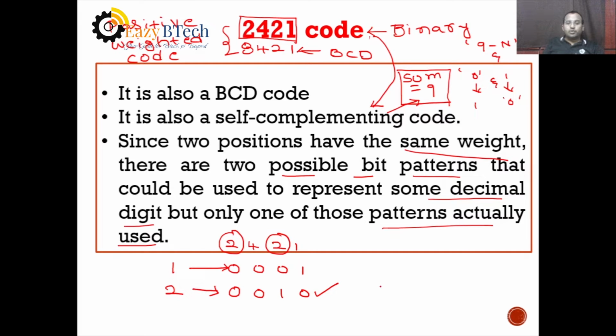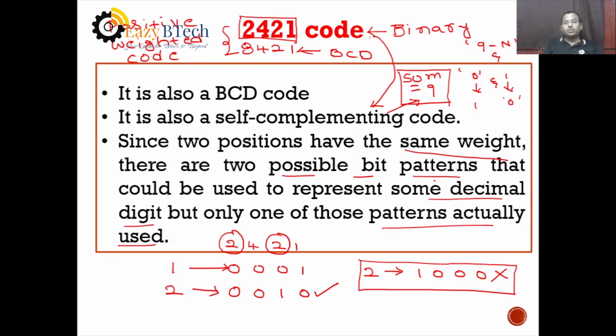The other possible representation, 1000, is not used. Only this representation is used to represent the decimal digit 2, so you have to be careful which representation is used.